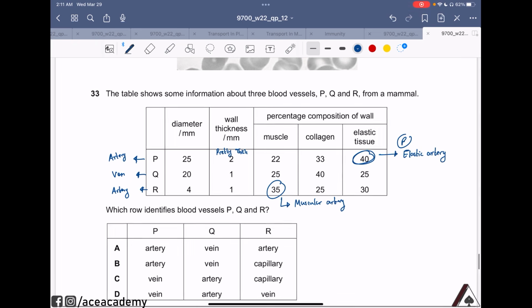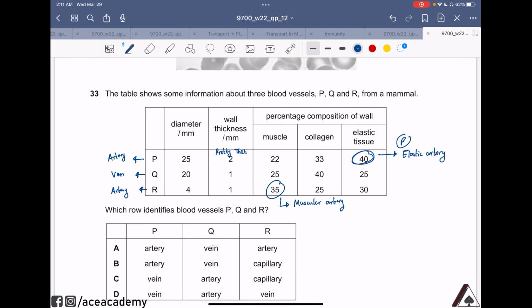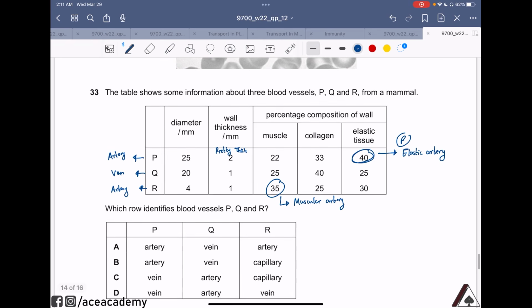So what are elastic arteries? Elastic arteries are large arteries with a higher proportion of elastic fibers in their walls, and it helps withstand blood pressure and prevent the artery from bursting as it is close to the heart.